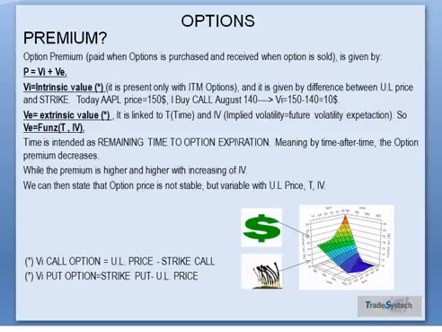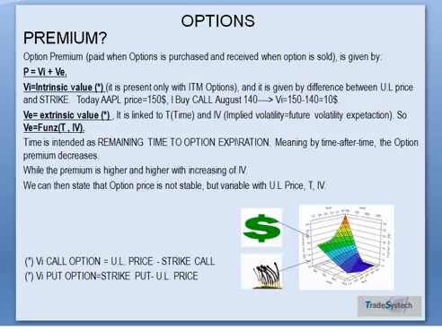Extrinsic value is related to something external to the underlying, to the share's price, and it is linked to time and to the implied volatility. So the extrinsic value is a function of time and implied volatility.